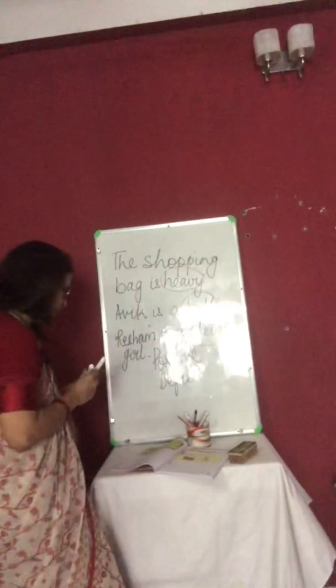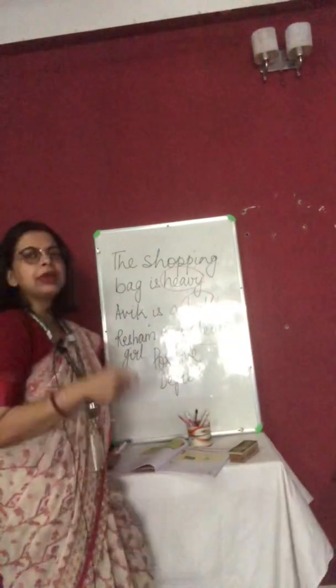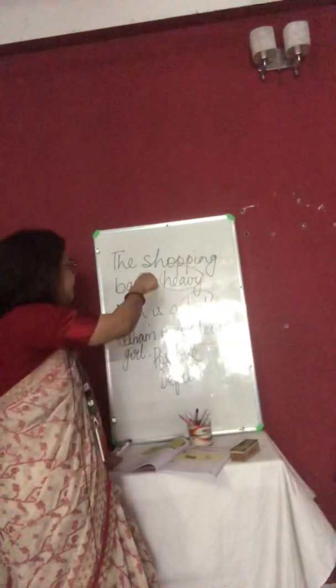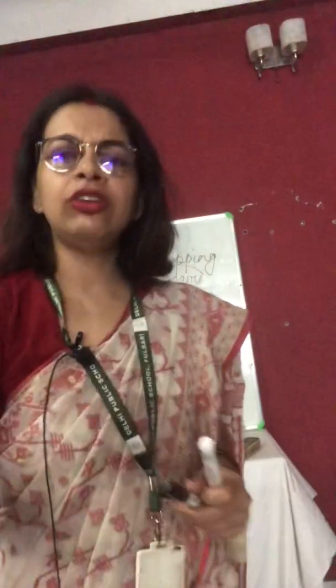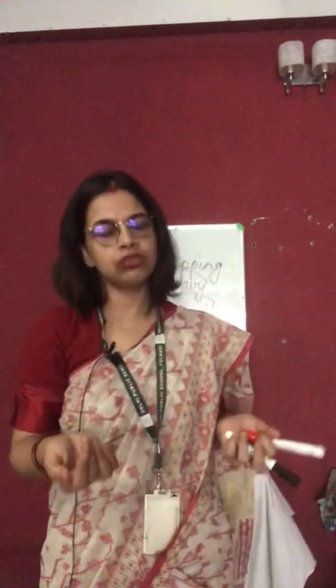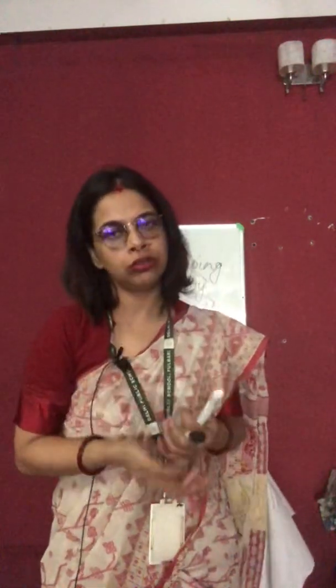Why positive degrees? Because they are not making any changes to the adjective. They are not adding any letters to the adjectives. Heavy is not being changed into heavier or heaviest, tall is not being changed into taller or tallest, clever is not being changed into cleverer or cleverest.